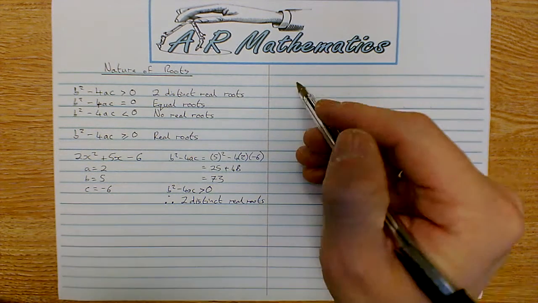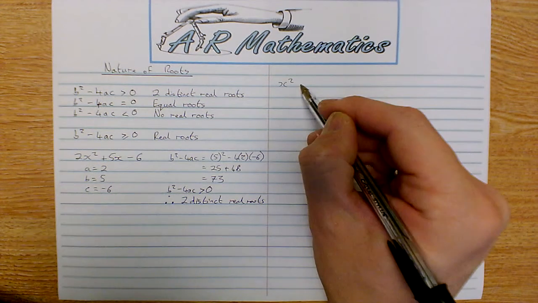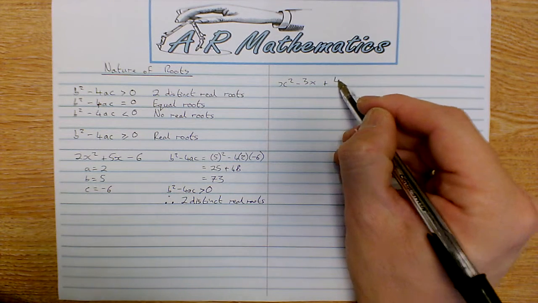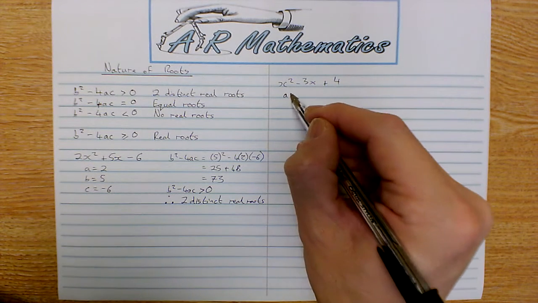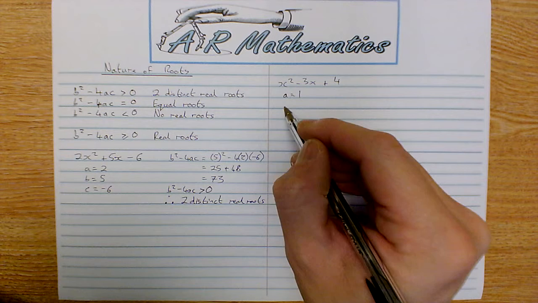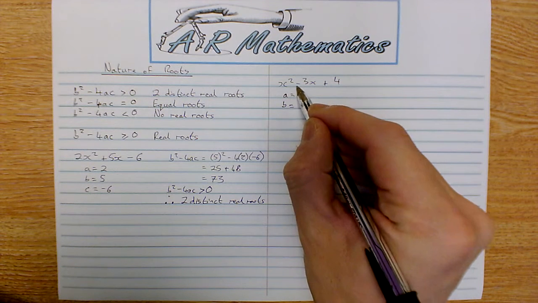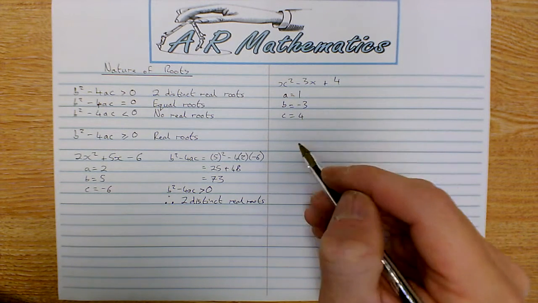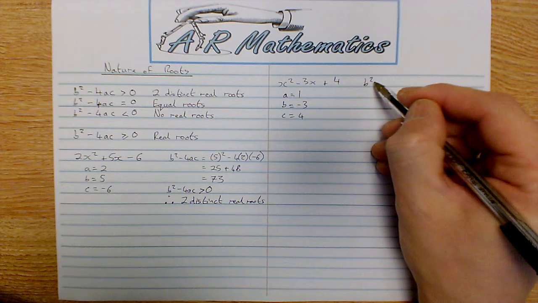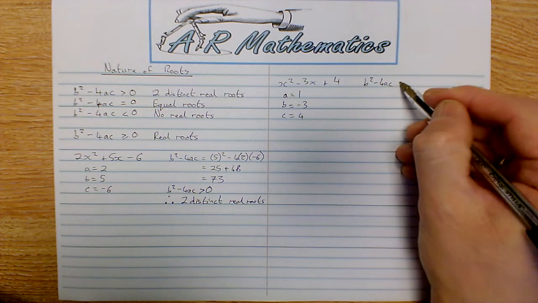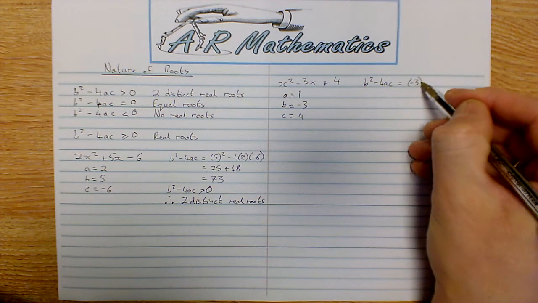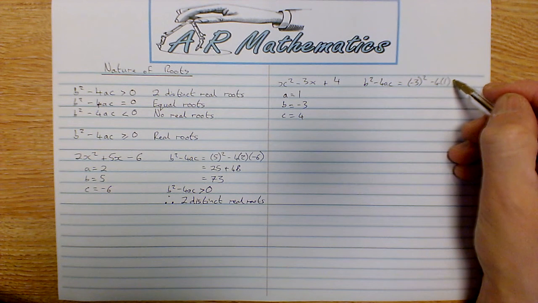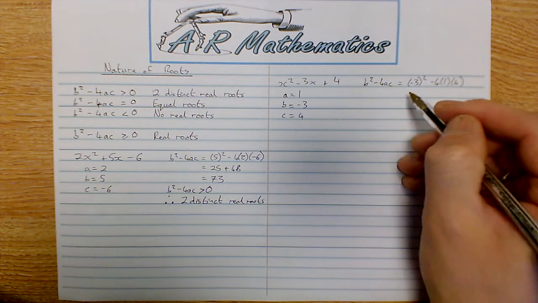Okay, if I take x squared minus 3x plus 4, then in this case a is the coefficient of x squared, which is 1, b is the coefficient of x, which is minus 3, and c is the constant at the end, which is positive 4. So b squared minus 4ac gives me minus 3 squared minus 4 lots of a, which is 1, multiplied by c, which is 4.